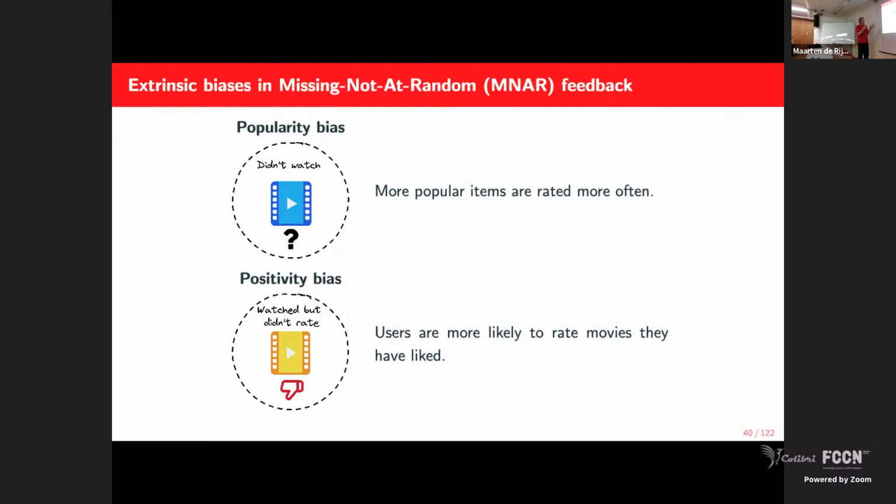Then there's positivity bias: users are more likely to rate the items that they've liked. They typically rate the items that they liked a lot, and the items that they really hated. And the ones in the middle, they often don't bother to share a rating for those.